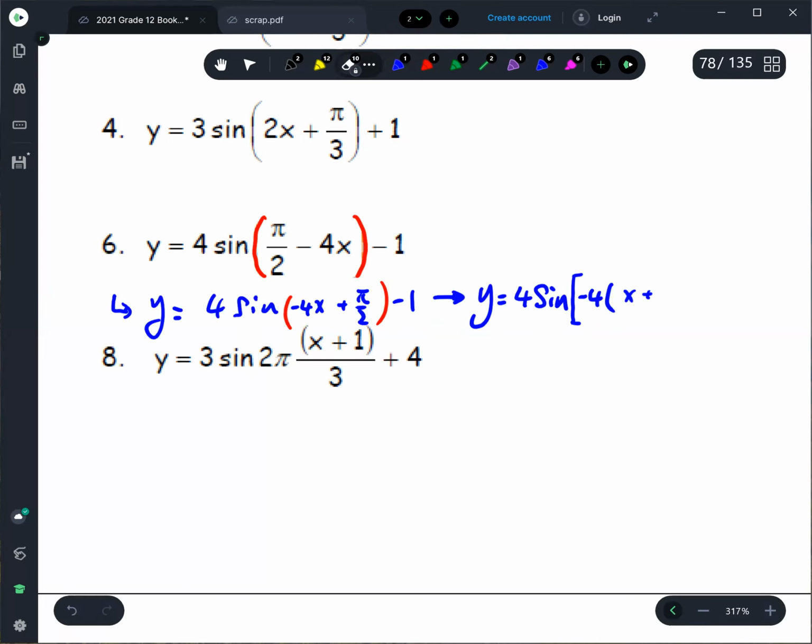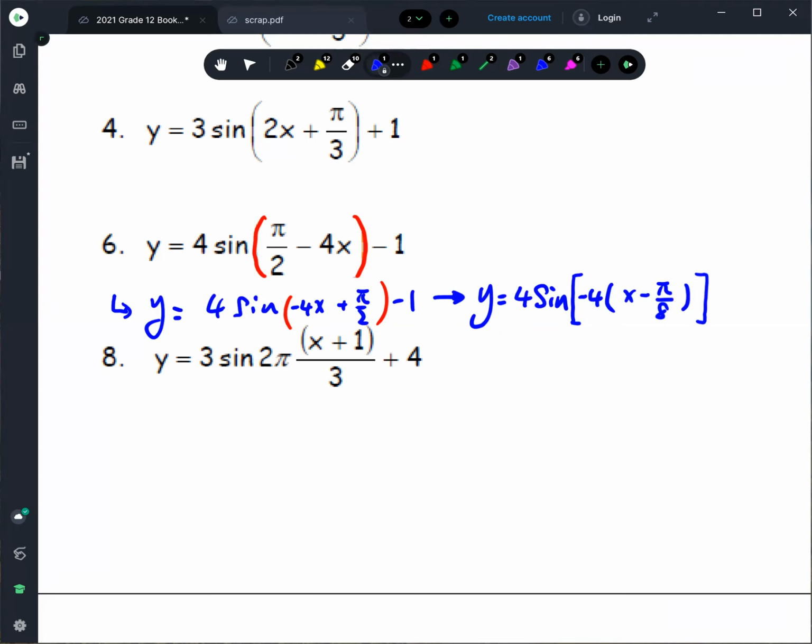Okay, very good. You need to divide it by -4, so that makes it become minus pi over 8. And then minus 1. -1, yeah. Okay, so there you go.